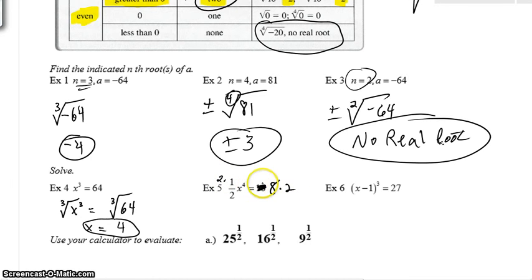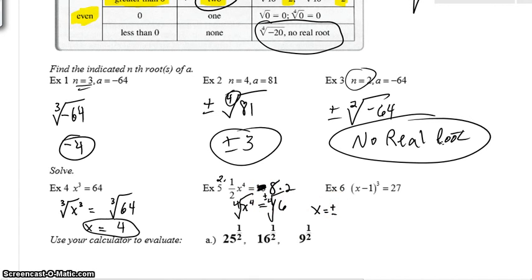When we look at number 5, first get x alone. It's 1/2 x to the 4th equals 8. Multiply both sides by a 2. So you'd have x to the fourth equals 16. Now if you have x to the fourth equals 16, to get rid of a fourth power, you'll need to take a fourth root. However, you're going to have a plus minus.